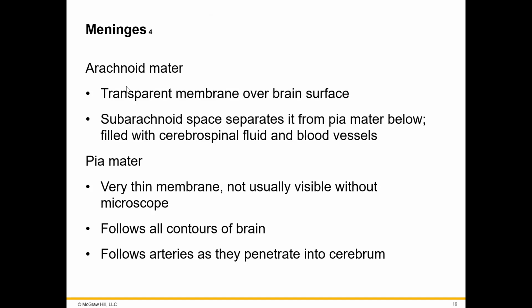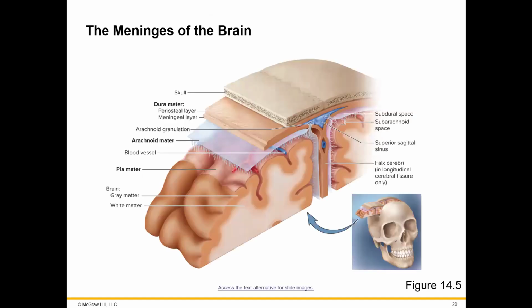There's the arachnoid mater. The arachnoid mater is a transparent membrane over the brain surface. And you have your pia mater, that is the most delicate and the most thin layer that is intimate with your spinal cord. So these are the meninges of your brain.